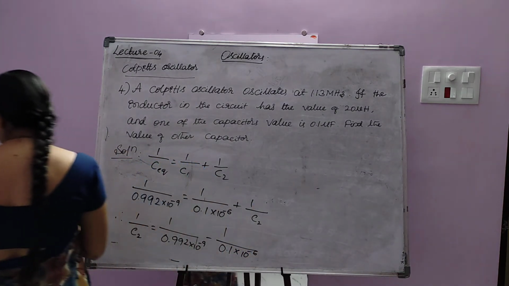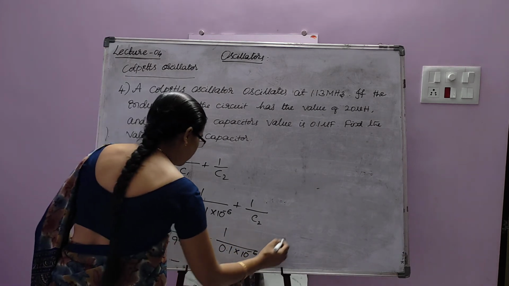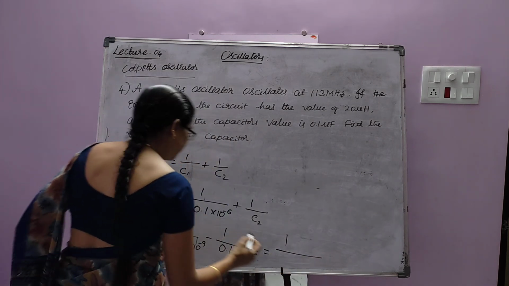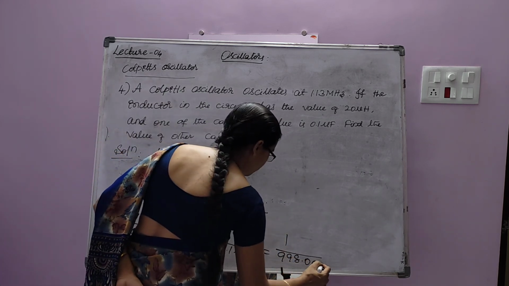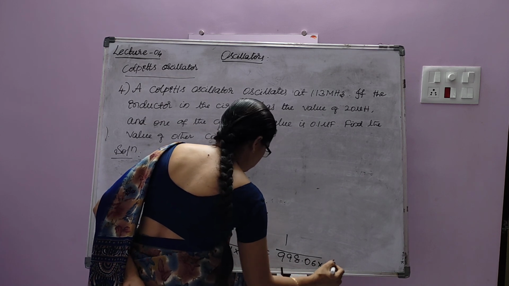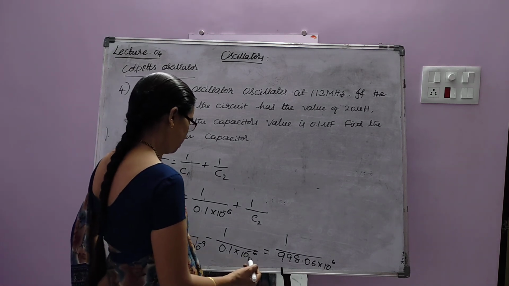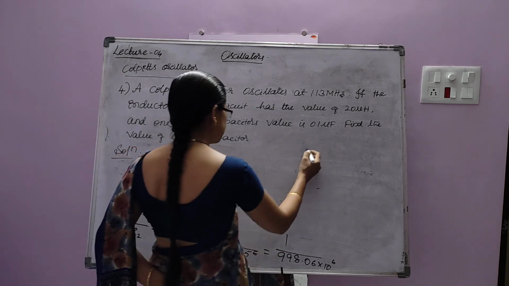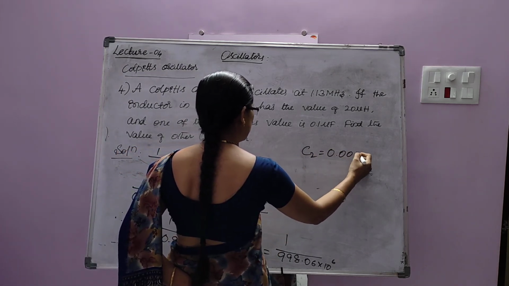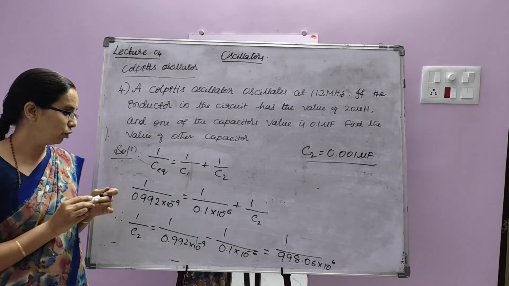After taking the reciprocal, 1 by C2 value you will get as 998.06 into 10 to the power of 6. Then C2 value will be 0.001 microfarad, the actual C2 value you are going to get.